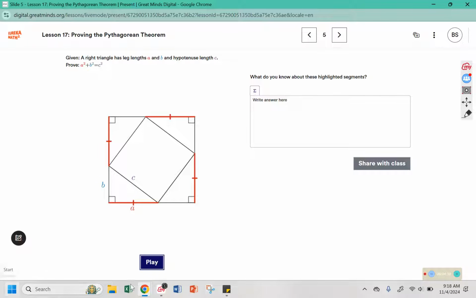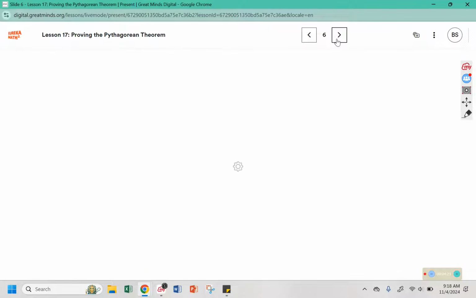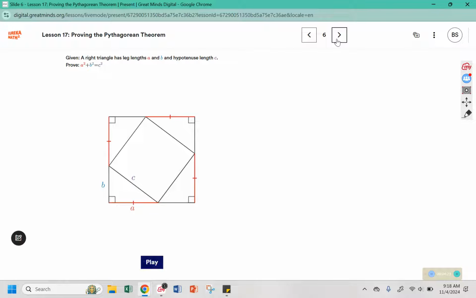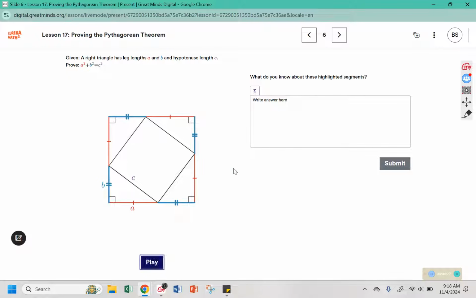All of those highlighted segments are A. And all of those are equal to B.